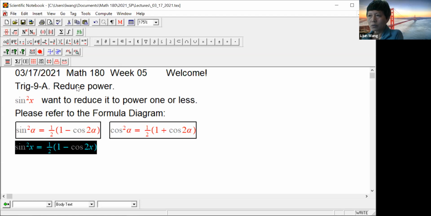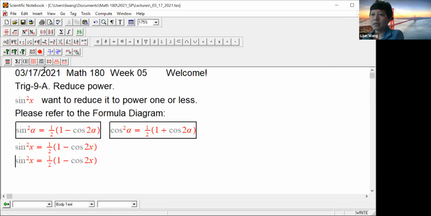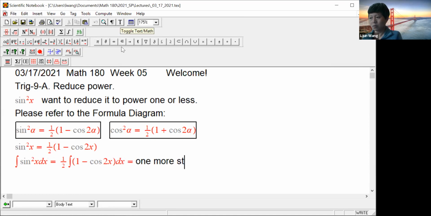Once you do this, this integration will become that integration. Integrate. And there's just one more step. One more step, done. So that's the scenario. You will see it in calculus 2.